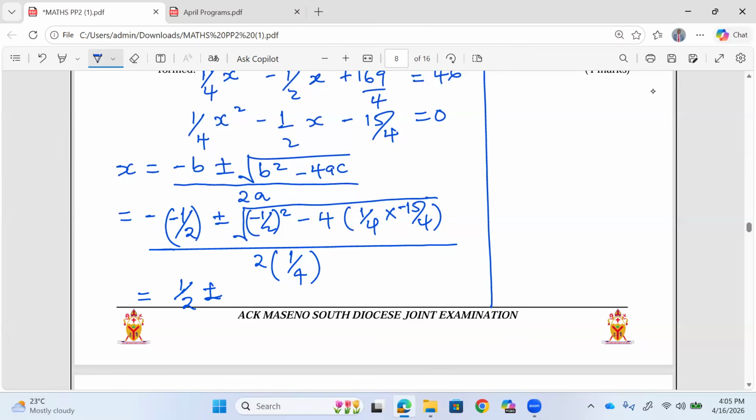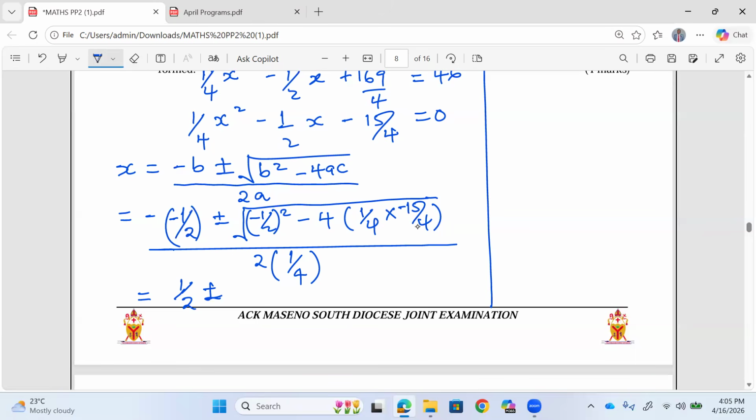So we're now going to pick a quarter, then we add 3 and 3/4. So everything under the root sign now becomes root 4.